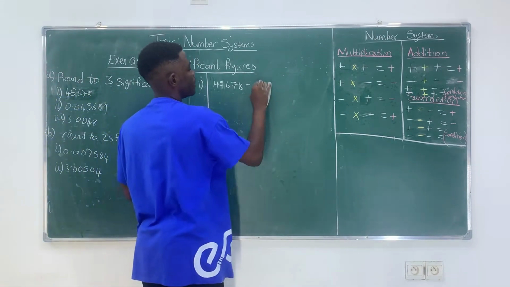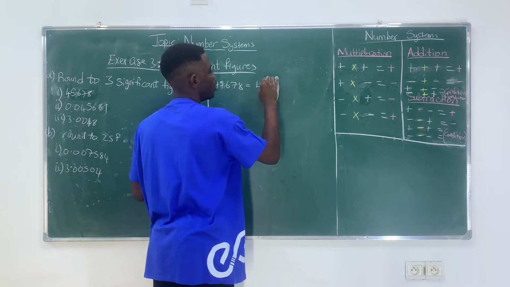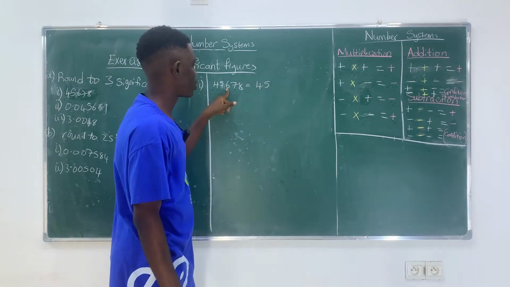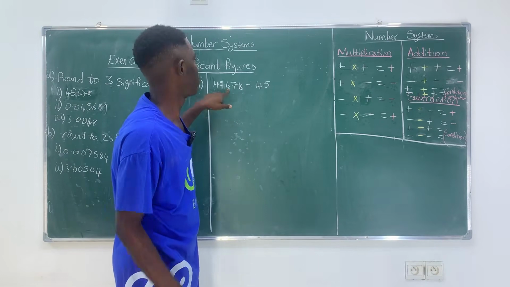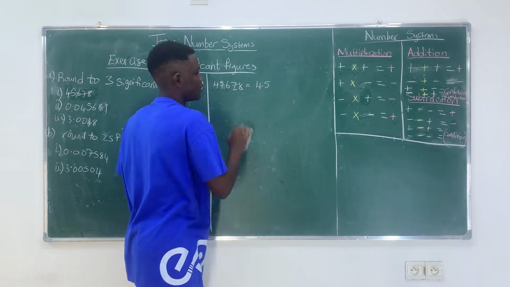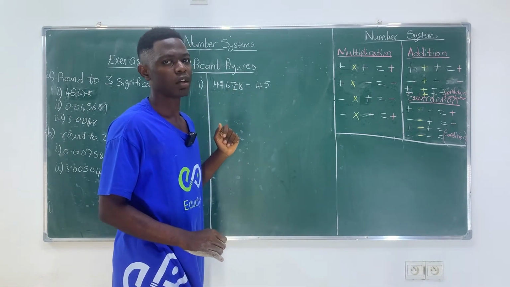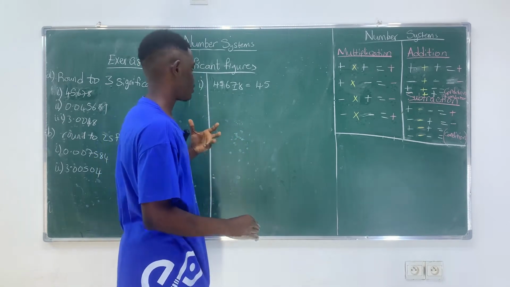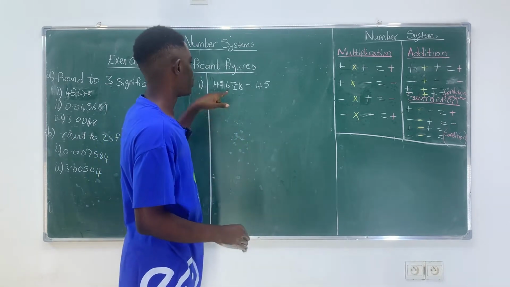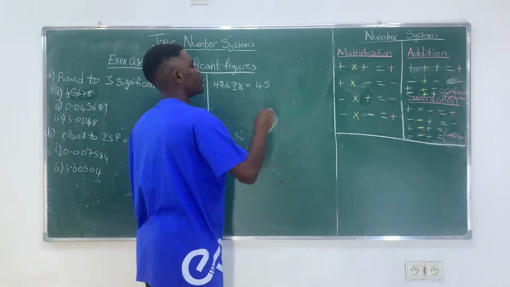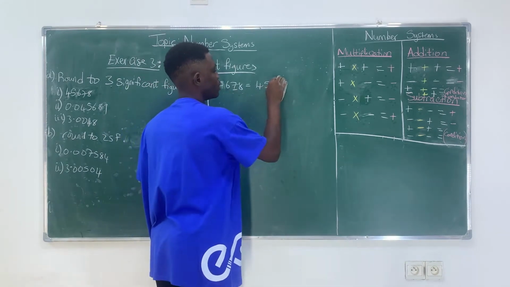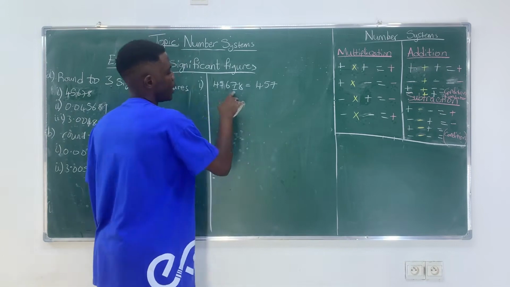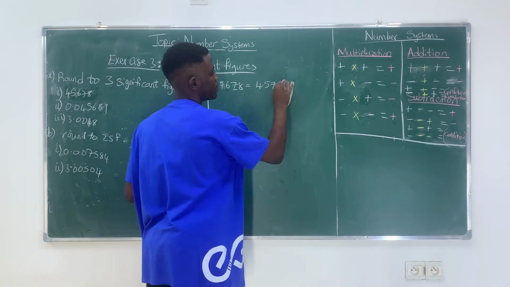So what do we write? We write the first two, 4, 5, but we don't just directly write 6. We first check the next number after 6. Is it greater than 5? Yes, it is. So the 6 is rounded up to 7, and we write 0, 0 at these places.